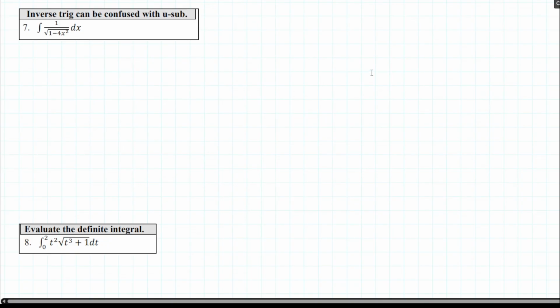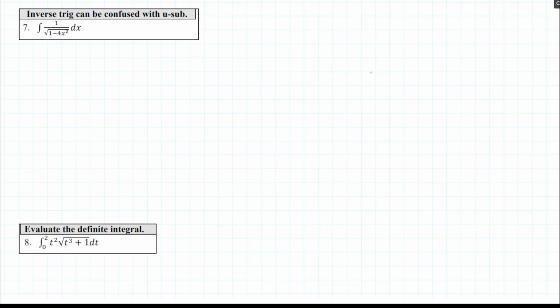Now let's solve this problem. So we have the integral of 1 over square root of 1 minus 4x square, dx. Okay. Let's rewrite this integral as the integral of 1 over square root of 1 minus, 4x square can be written as 2x whole square, dx.